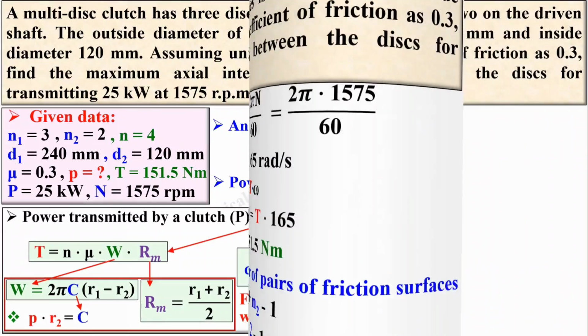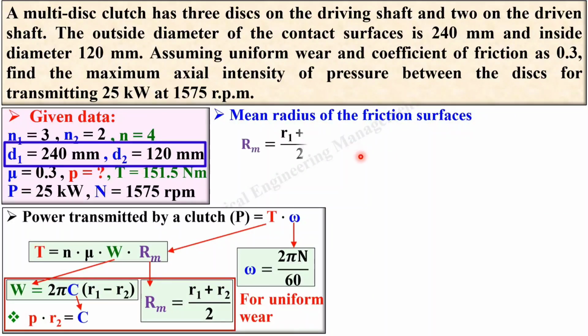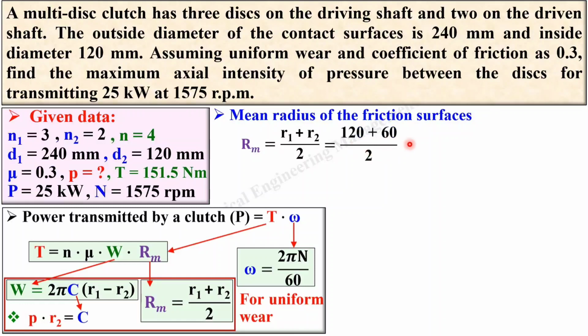So I am going to write n is equal to 4. Next, you can find the mean radius because you have r1 and r2 both. R1 means d1 by 2 and r2 means d2 by 2. Simplify it so that you will get Rm in mm.